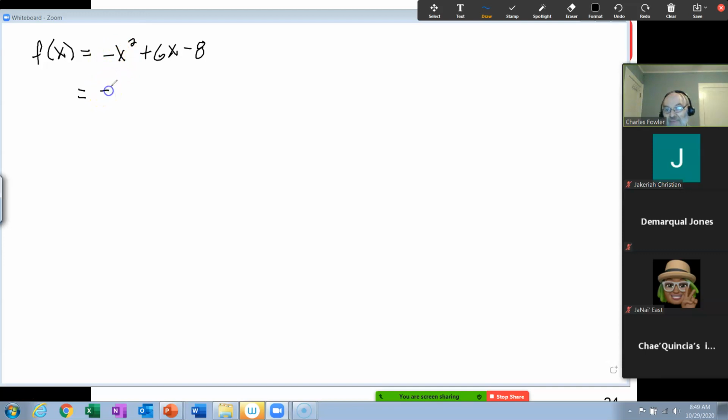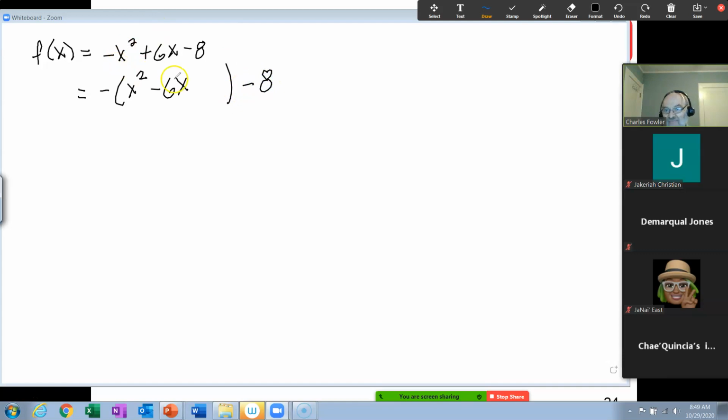So factor that minus 1 out of the x terms. Don't mess with the constant term, just the terms with x's in them. So that leaves an x squared here. And when you factor a minus 1 out of a plus, you get a minus 6x. Now, I like to leave a blank there, okay? And then I'll write my minus 8 here.